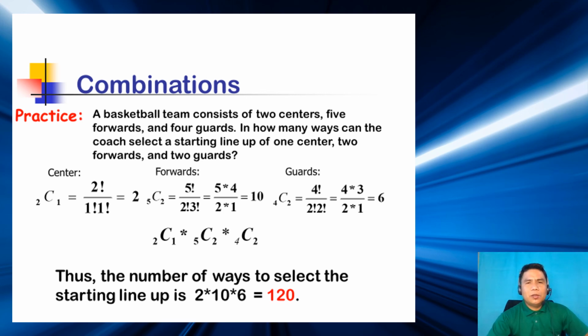That gives 6. And then you are going to multiply the results. 2 times 10 times 6, we have 120. So the coach would have 120 ways to select the starting lineup for his team.